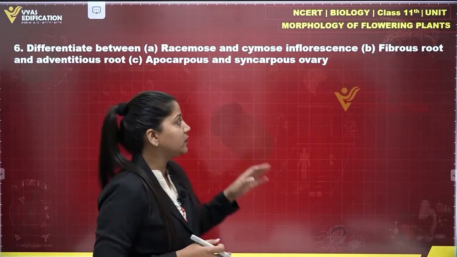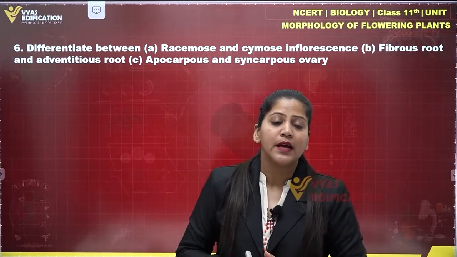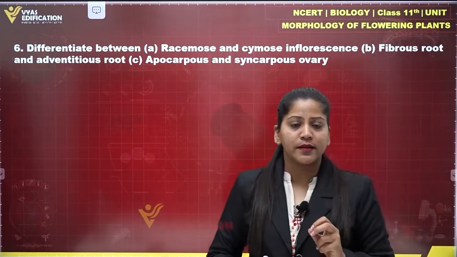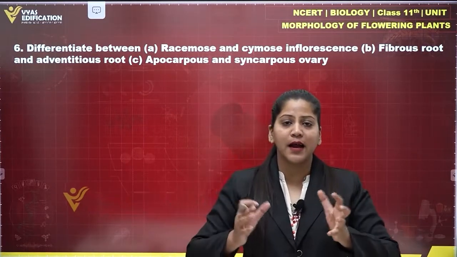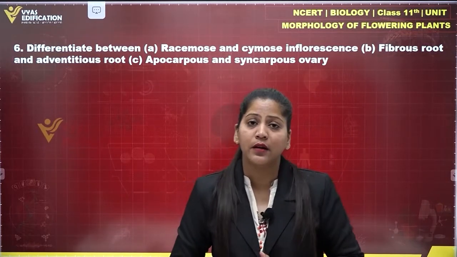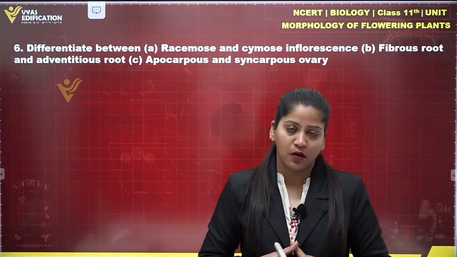Then the next type is cymose inflorescence. In this type, the younger flowers are present at the base of the inflorescence, and the older flowers are present at the tips.